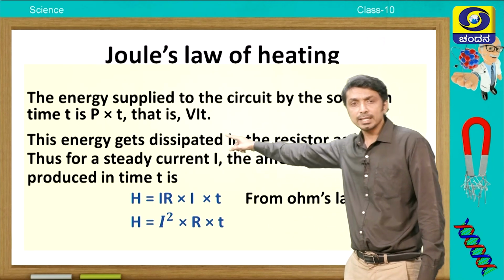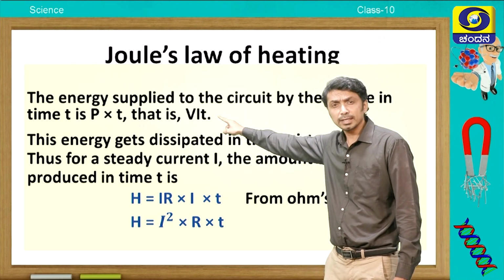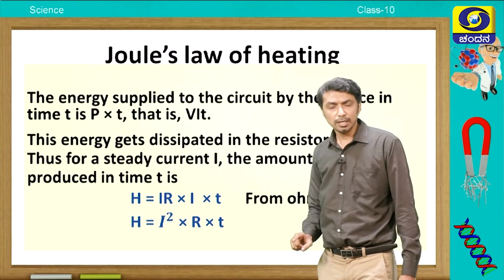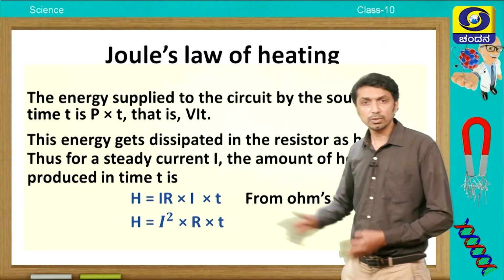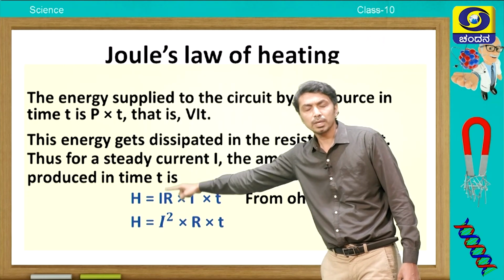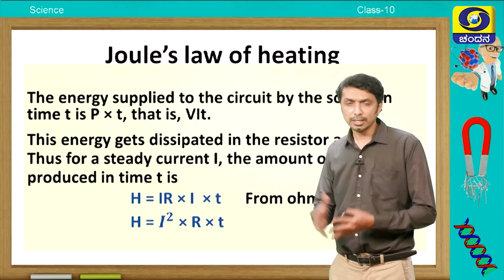So we can say that V into I into T, that is the total electrical energy, is nothing but the heat energy, because the entire electrical energy is getting converted into heat. So, hence the term H. H is the heat energy produced because of the electrical energy supplied to the circuit.